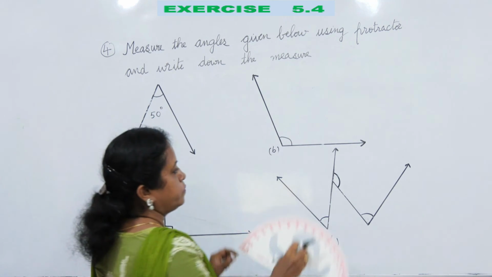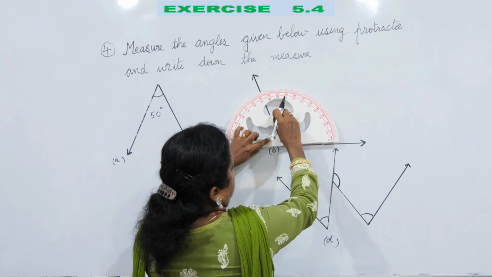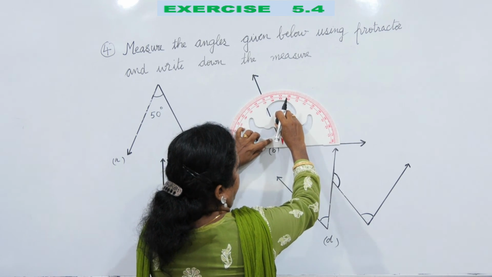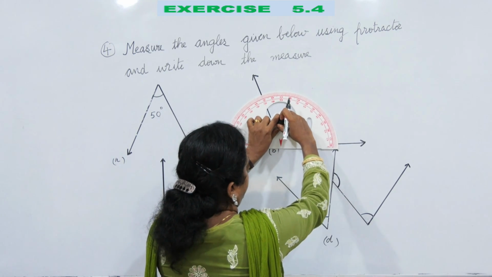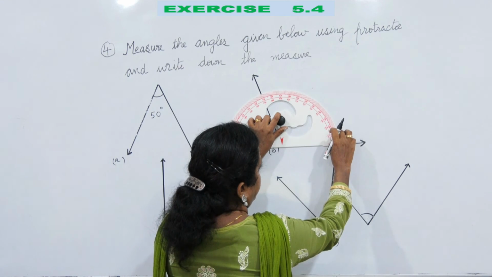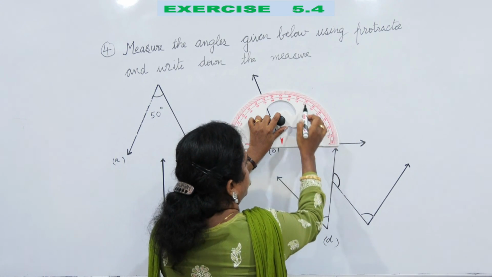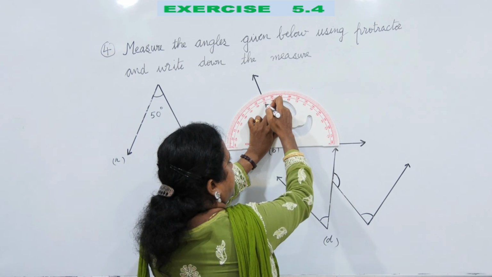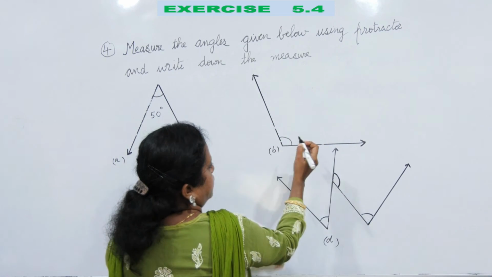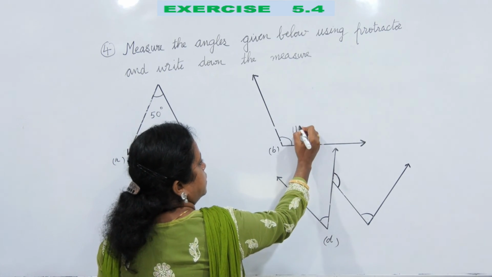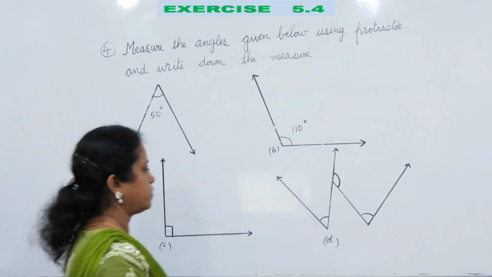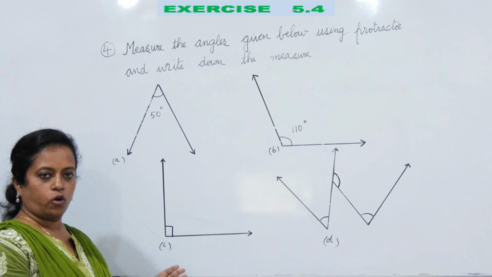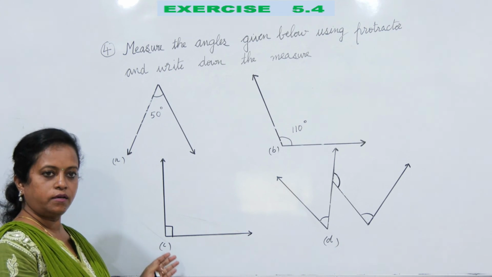The second one, let us keep the midpoint of the protractor at the vertex and take the correct scale, that is starting from 0, and the second arm ends at 110 degree. So the measure here is 110 degree. This one, just by observing also you can say it is a right angle.